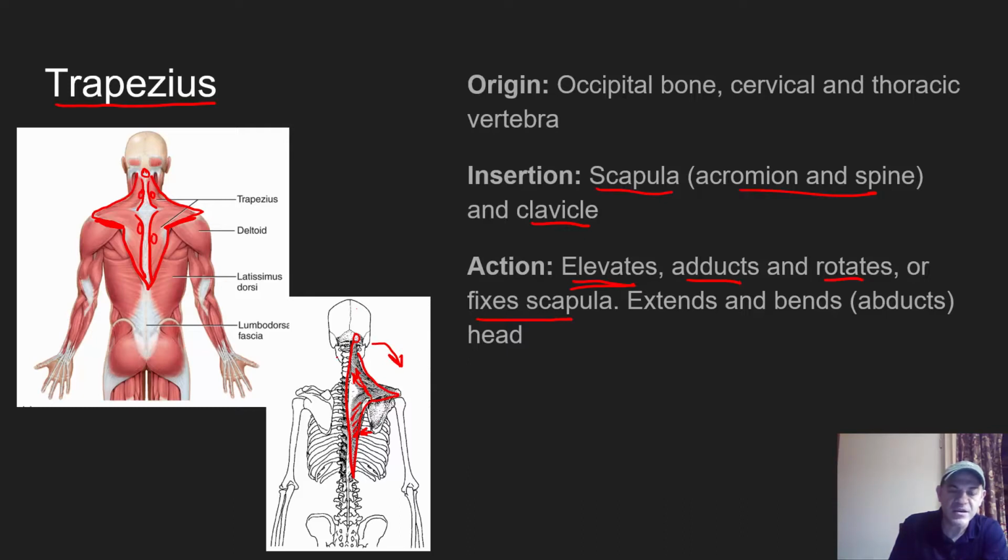And we can also, if the other trapezius is contracting, bend the head backwards in an extension. So there's various actions that can be accomplished by the trapezius. So make sure you're able to give me at least one action, if asked for, that fits with these origins and insertions. So this is the trapezius.